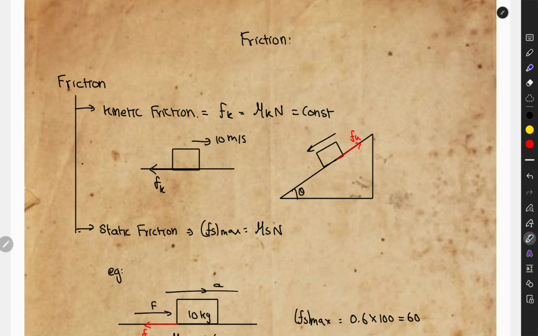So in this case it moves like this, and friction will act opposite in this direction. Fine. So its value will be equal to mu k N. The same thing will be repeated here also.